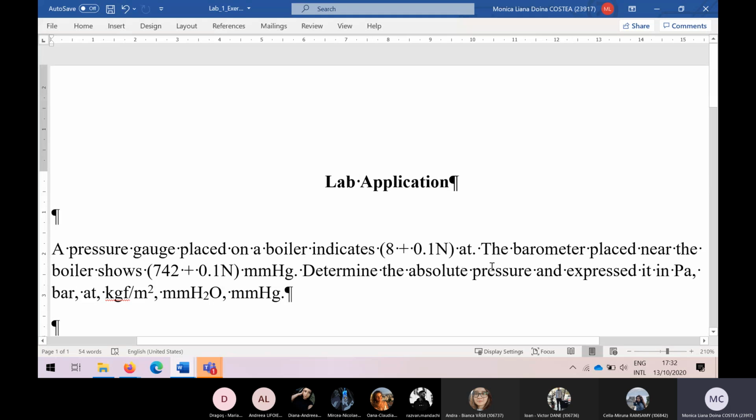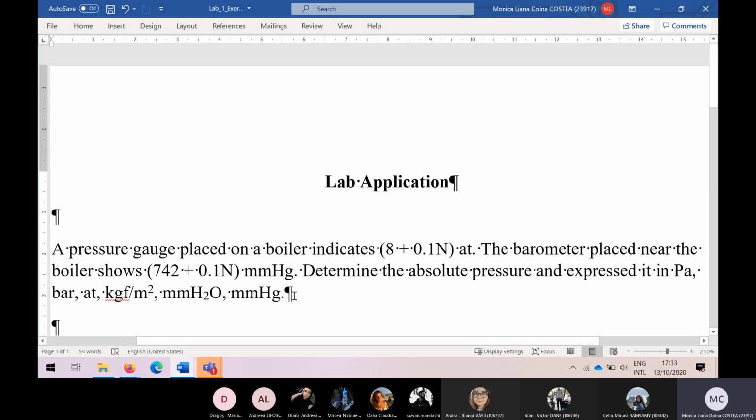Then you have a barometer indicating atmospheric pressure of 742 plus 0.1 times N millimeter mercury column. The question is: determine the absolute pressure and express it in the main units, which are part of the table: Pascal, bar, technical atmosphere, kilogram force per square meter, millimeter mercury, and water column.